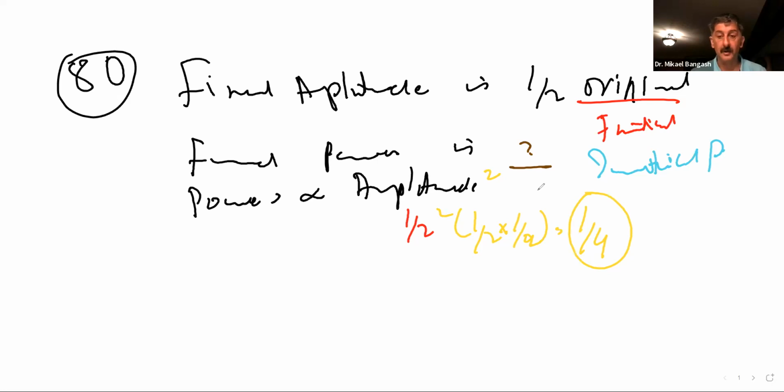And that's going to be the change in power. So the final power is going to be reduced to 1/4 of the initial power.